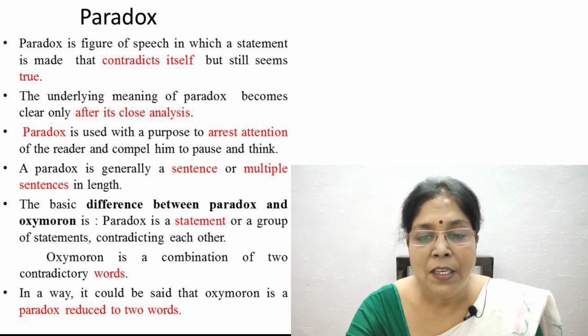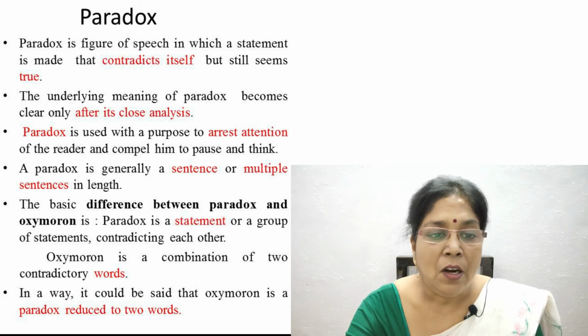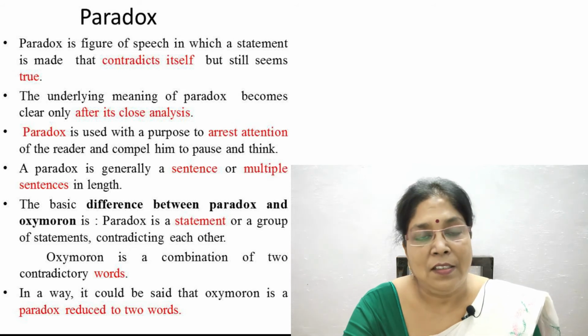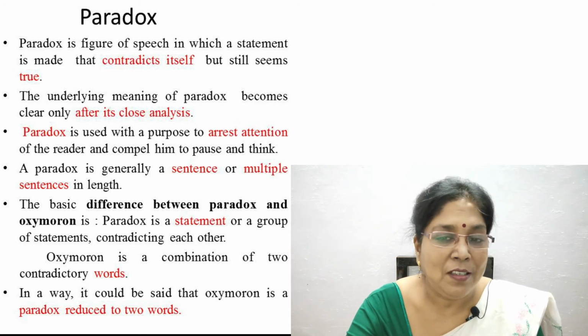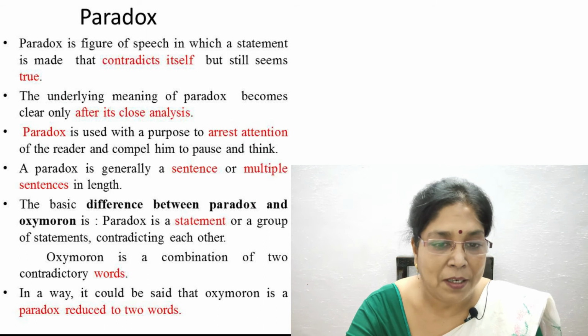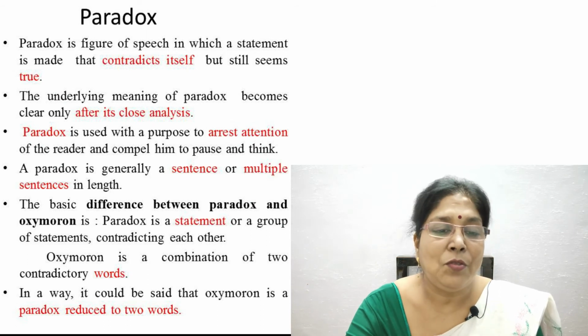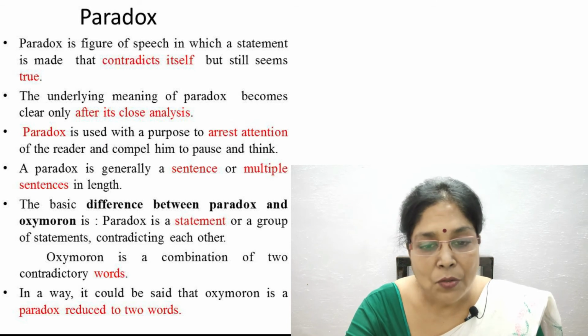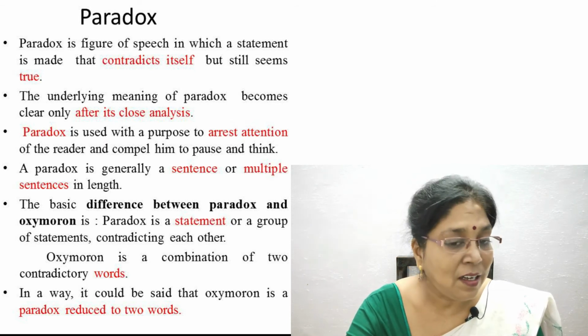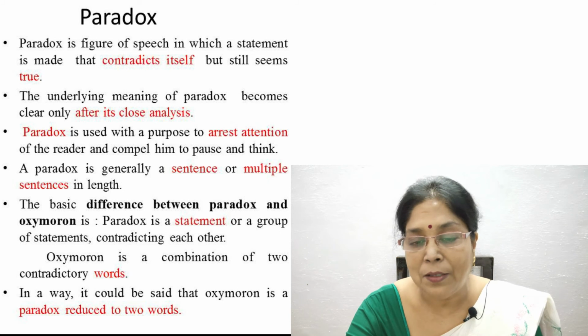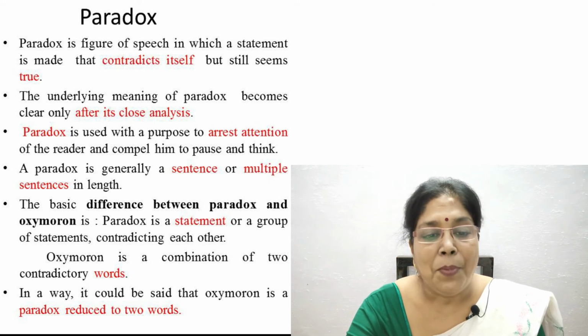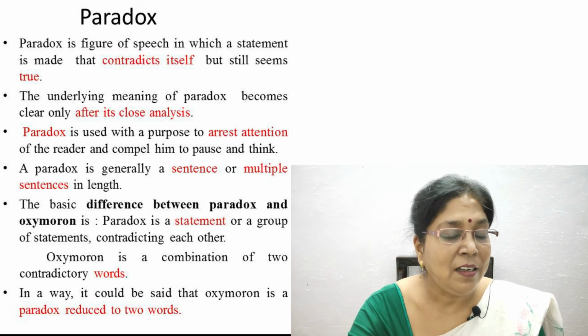The underlying meaning of paradox becomes clear only after its close analysis. So obviously it is difficult to understand a paradox, and it can be understood when you make a close analysis of the sentence. Paradox is used with the purpose to arrest the attention of the reader and compel him to pause and think. A paradox is generally a sentence or multiple sentences in length.